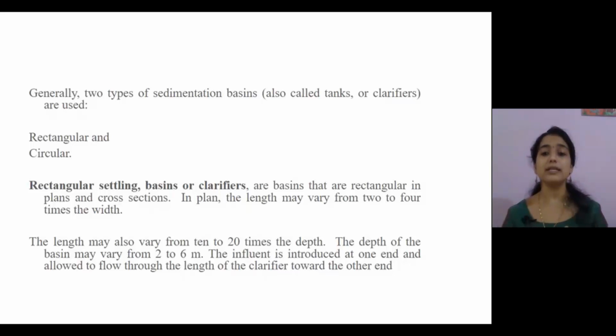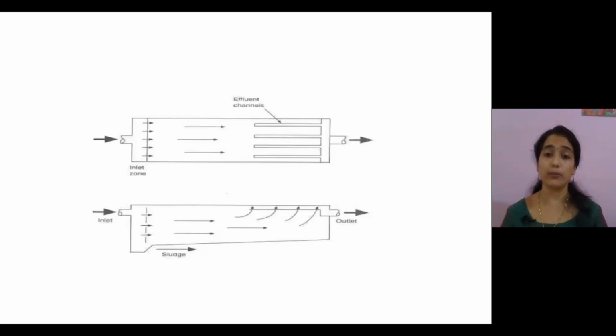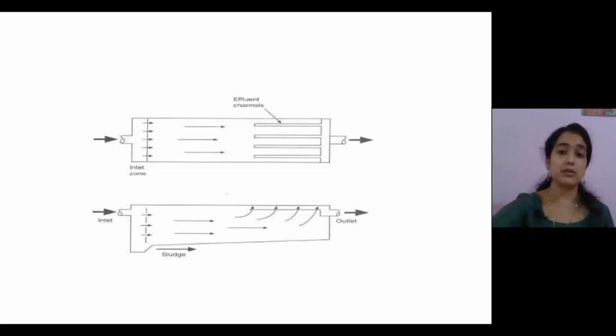The influent is introduced at one end and allowed to flow through to the other end of the clarifier towards the outlet. This is the pictorial representation. The first figure is the top view of the rectangular tank, where the flow enters from one side and comes out at the other side. Effluent channels are also provided for reducing the velocity.